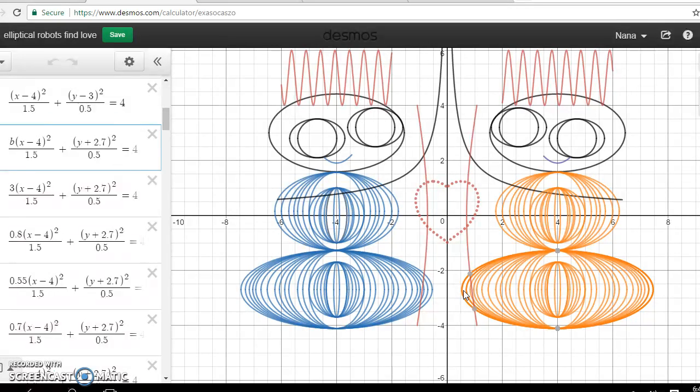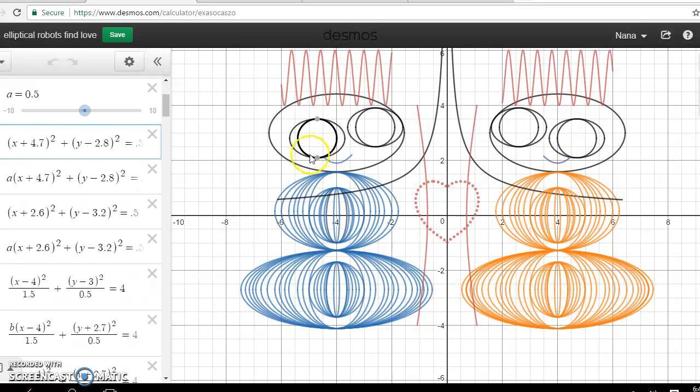So instead of the center being -4, -2.7, the center is actually 4, -2.7 because it's reflected over the y-axis.